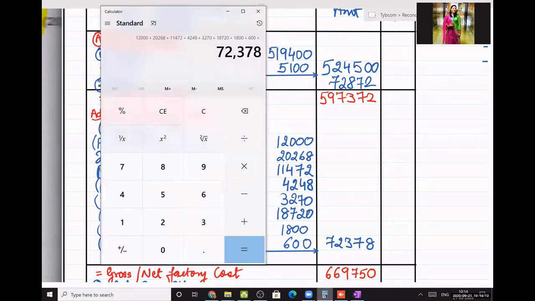Add in CC plus 5,97,372. That's 6,69,750.